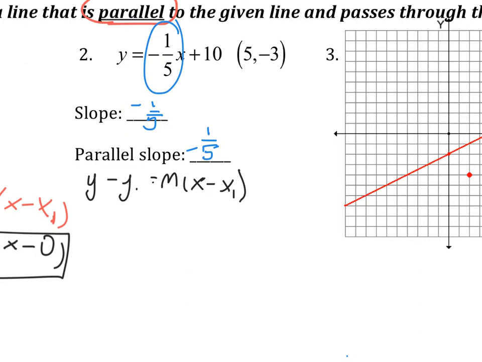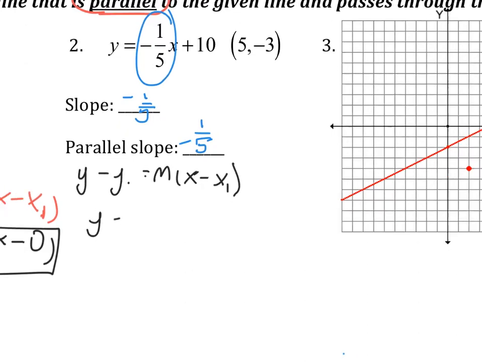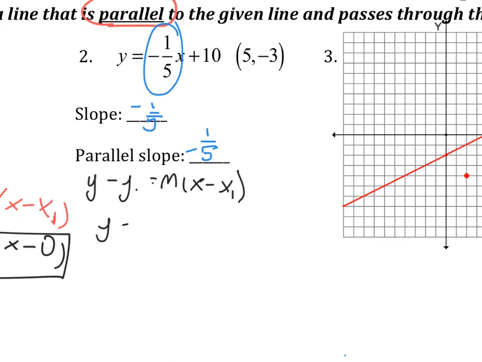Which, for this one, I would have y minus my y value of negative 3. So y minus a negative 3 is equal to, m is my negative 1/5, then in parentheses x minus my x value, which was 5.